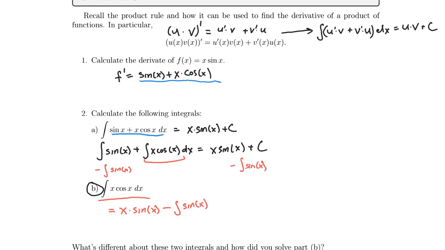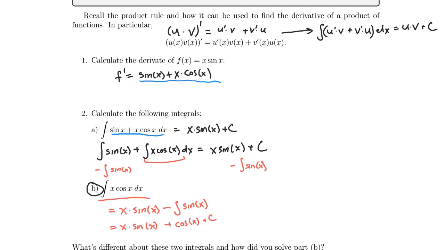And of course, we can calculate the integral of sine, right? The integral of sine is negative cosine. And so this becomes x times sine of x minus negative cosine. So that's plus cosine, and then plus our additional constant over here.